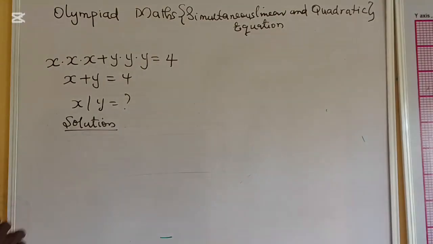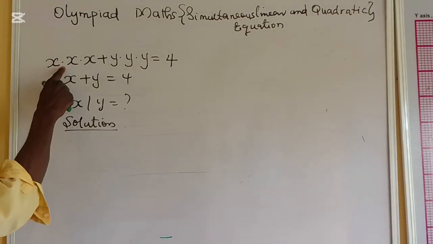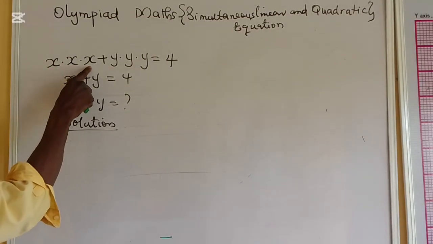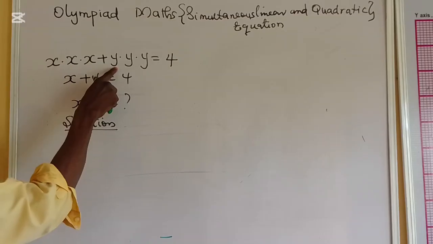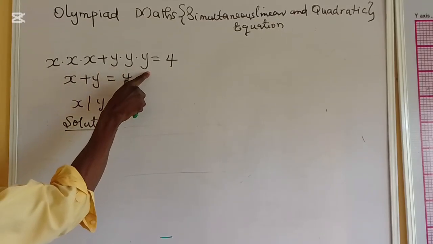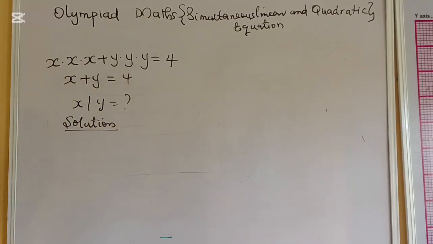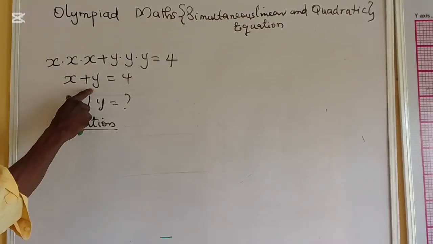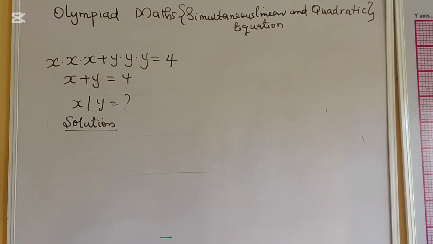Now, if you are asked to solve x cubed plus y cubed is equal to 4, and the other one is x plus y is equal to 4, find the value of x and y.